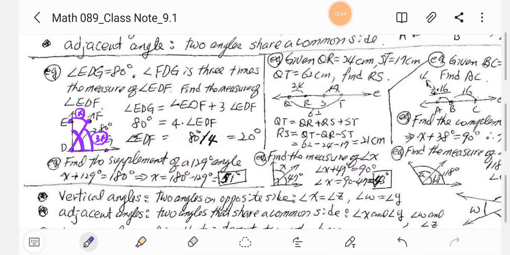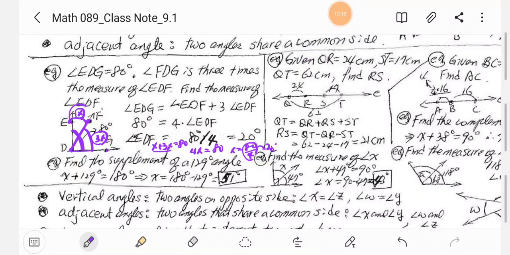So X plus 3X will make 80 degrees. Then 4X is equal to 80. So X is equal to 80 over 4, which is 20.